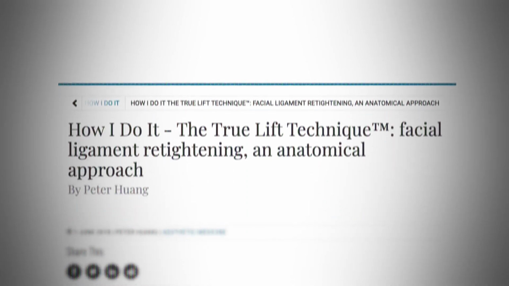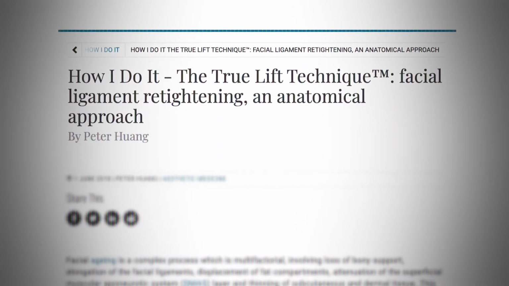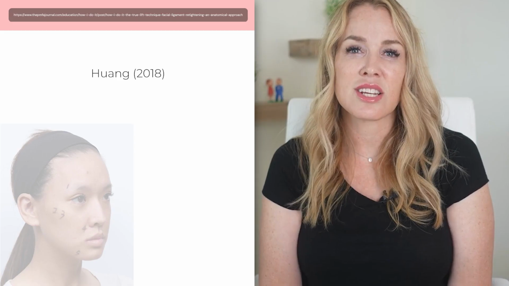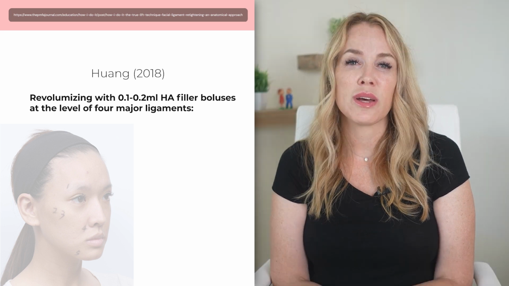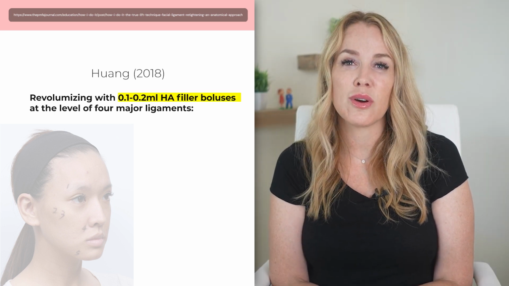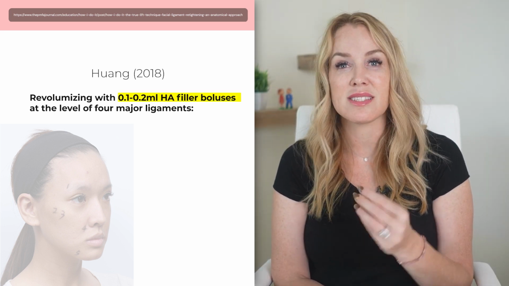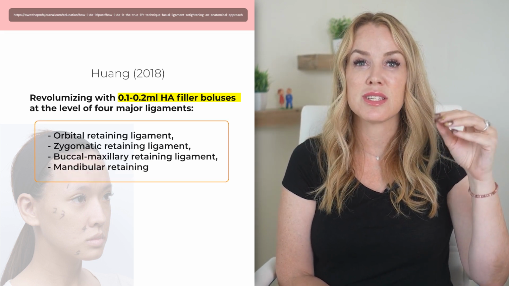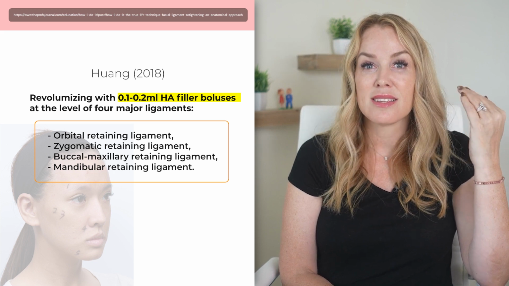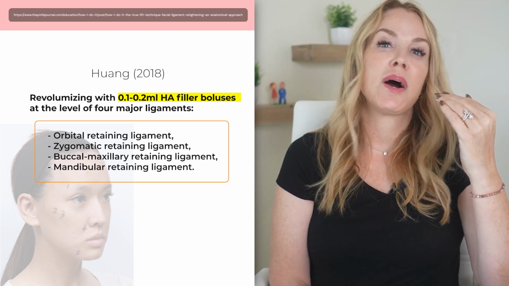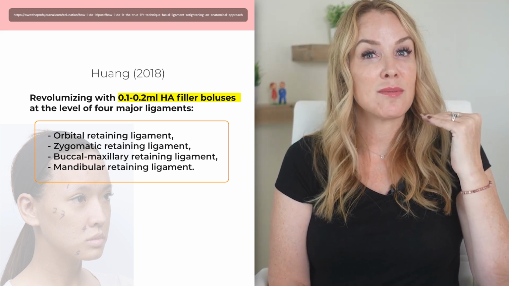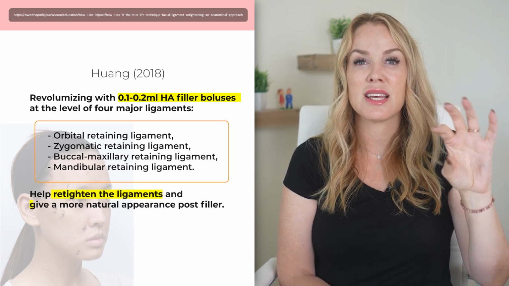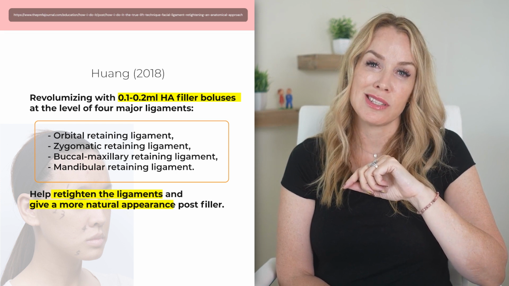One article I read, called The True Lift Technique, Facial Ligament Retightening, an Anatomical Approach by Dr. Peter Huang, suggests revolumizing with 0.1 to 0.2 mL hyaluronic acid filler boluses at the level of the four major retaining ligaments, which are the orbital retaining ligament, zygomatic retaining ligament, buccal maxillary retaining ligament, and mandibular retaining ligament, to help retighten the ligaments and give a more natural appearance post filler.